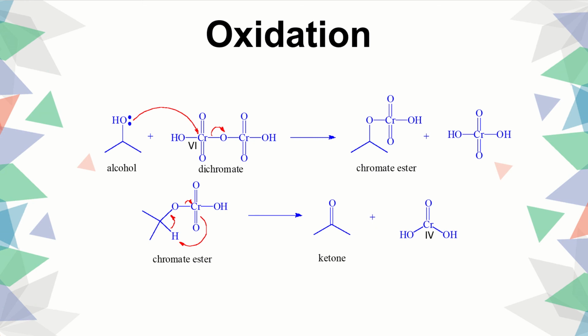So the other reaction type is oxidation. You guys would have been familiar with redox, oxidation, and reduction, and you would have heard of Jones reagent before, which are these chromium compounds, and they cause oxidation of an alcohol, in this case a secondary alcohol, to a ketone.